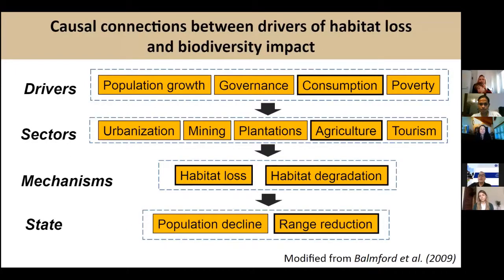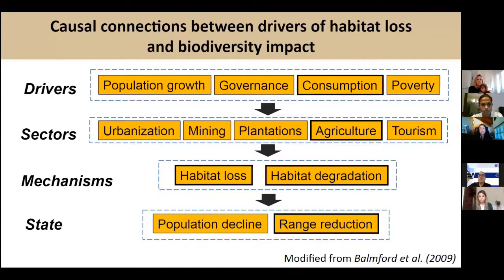So my first slide shows a typology of how drivers of biodiversity loss can operate. And if we focus on the top box, we see some examples of drivers of habitat loss, such as population growth, governance, consumption patterns, and poverty.